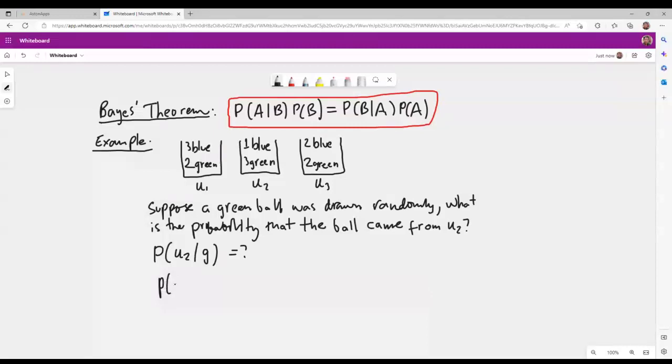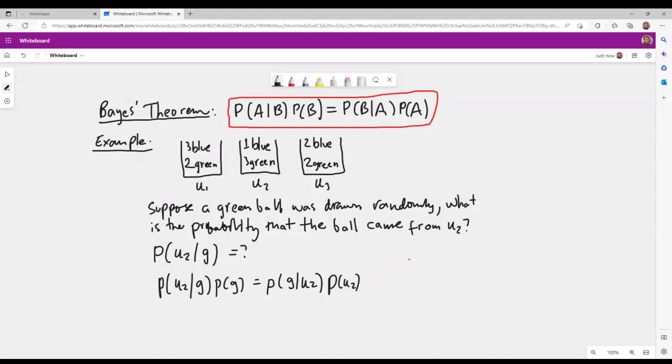In particular, the probability of the ball coming from U2, given that the ball is green, times the probability of drawing a green ball at random is equal to the probability of drawing a green ball, given that it came from urn 2, times the probability that the ball came from U2. And so some of the probabilities here will have to be determined so that we can answer the question of the probability of the ball coming from urn 2, given that it is a green ball.